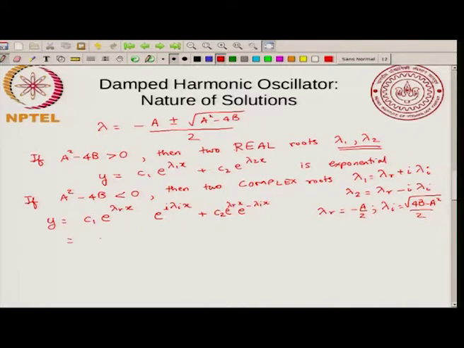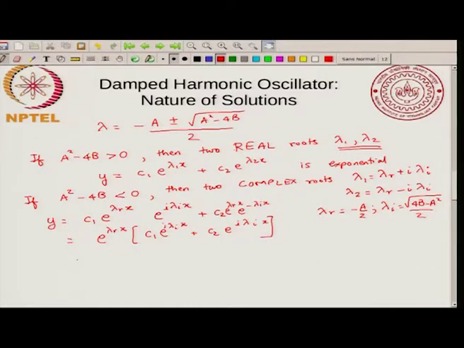So I can write this as e to the lambda r x times C1 e to the i lambda I x plus C2 e to the minus i lambda I x. Again I want to emphasize that both lambda r and lambda I are real quantities.